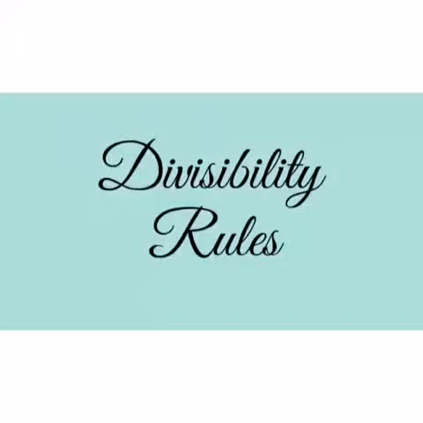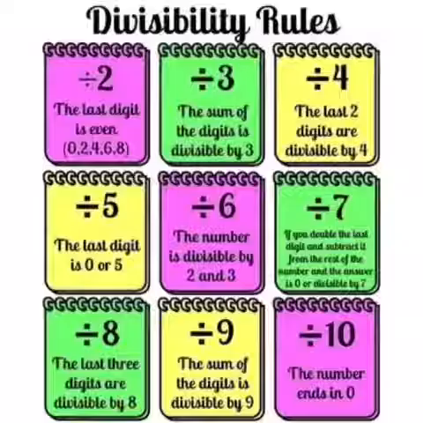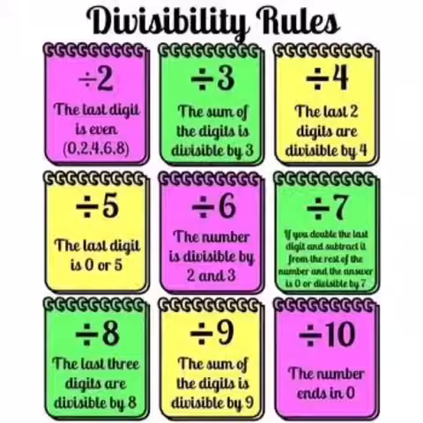A divisibility test is a rule for determining whether one whole number is divisible by another. It is a quick way to find factors of large numbers. By knowing the rules of divisibility tests, we can easily find out the divisibility of numbers without doing the long division method. It saves our time.